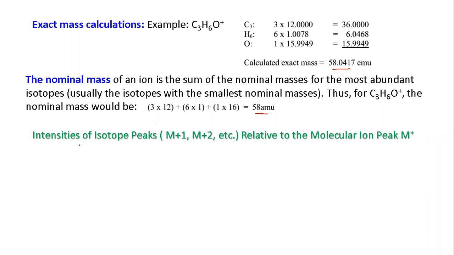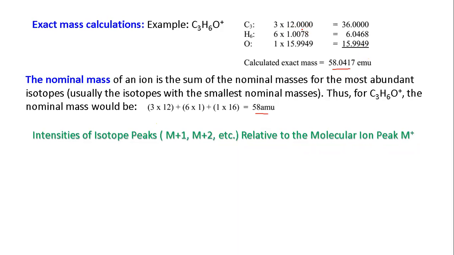Now the intensity of isotopes M plus 1, M plus 2, etc., relative to the molecular ion peak, will actually give information regarding the molecule. Suppose it's very difficult to remember the exact mass of the atom, right?